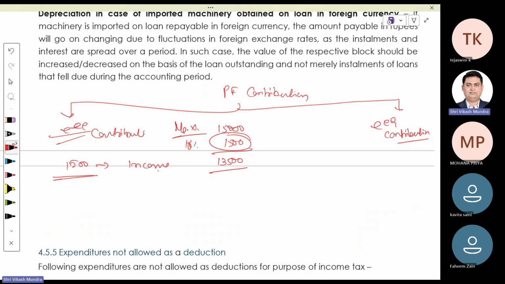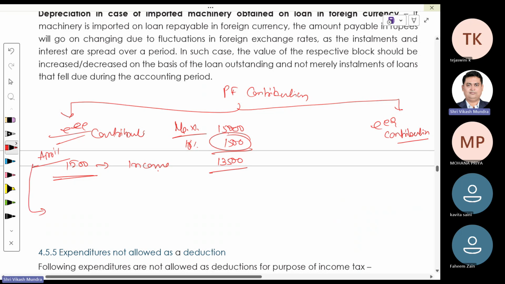However, this 1500 is paid by the employer, after making this deduction, to the PF authorities, to the PF fund. If this belongs to the month of April, ideally payment should be made within the due date prescribed by the PF authority.